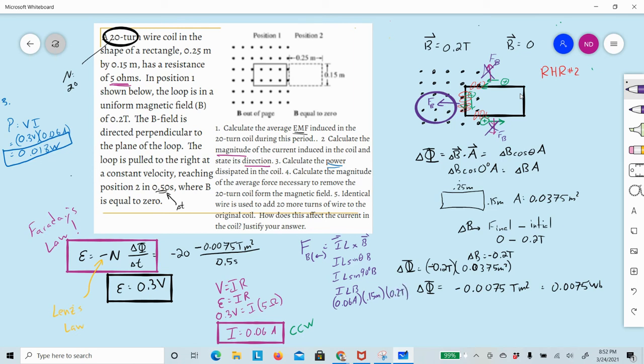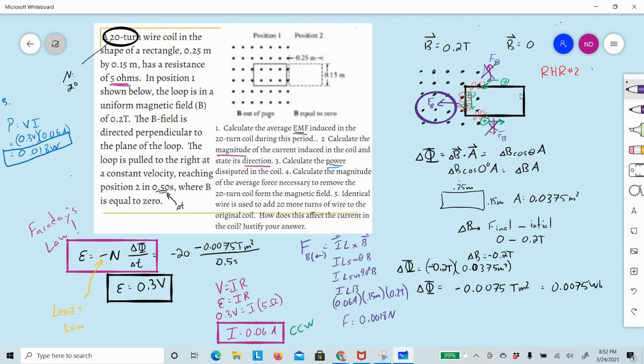So the magnetic force will be 0.06 times 0.15 times 0.2. The magnetic force equals 0.0018 newtons.